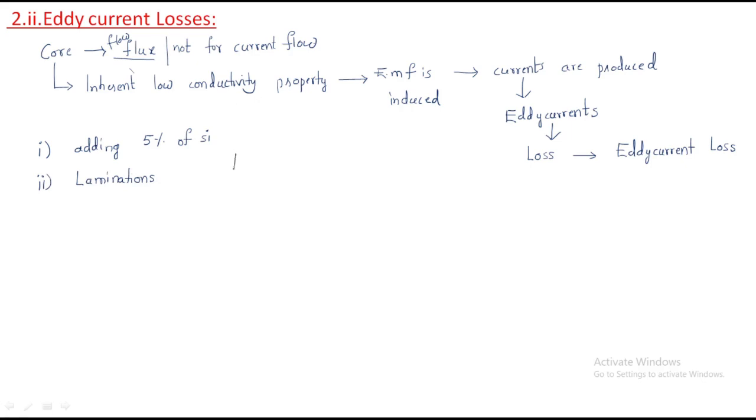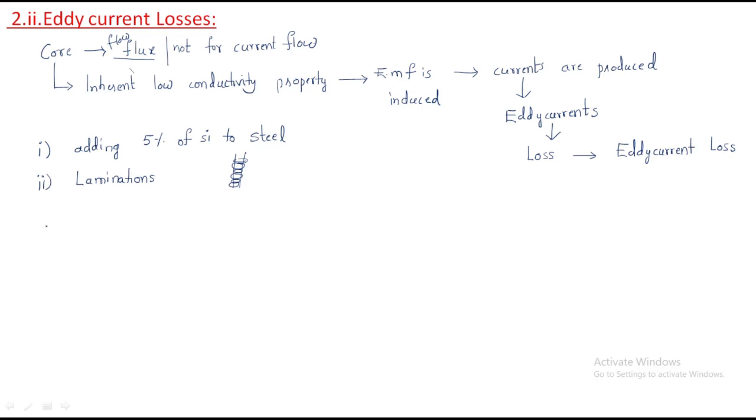Laminations means the core is made in thin layers like this, and then the eddy currents will be reduced. So we can add silica to the steel construction, and we can use laminations to remove the eddy currents.